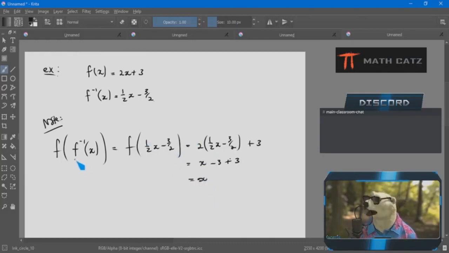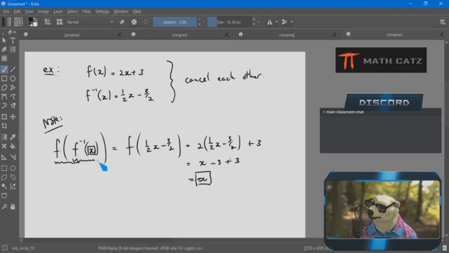That means that something is being done to the input x, and then when I do the outside function after that, I've done nothing. I get the original input back, so nothing has happened. So these two, in the composition sense, they cancel each other.